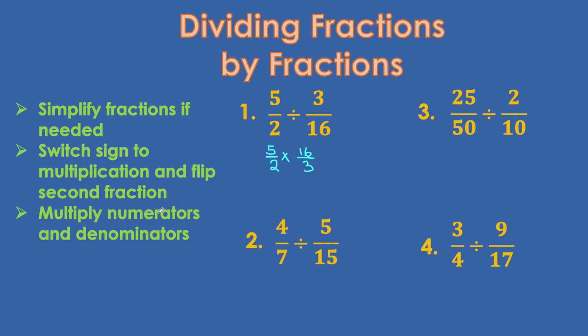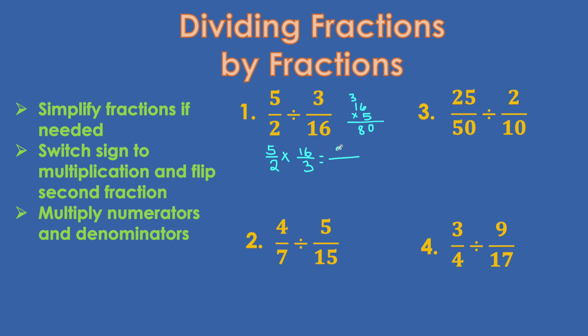Last, we just multiply the numerators and denominators. So if we multiply across, 16 times 5. 5 times 6 is 30, carry the 3. 1 times 5 is 5, plus 3 is 8.